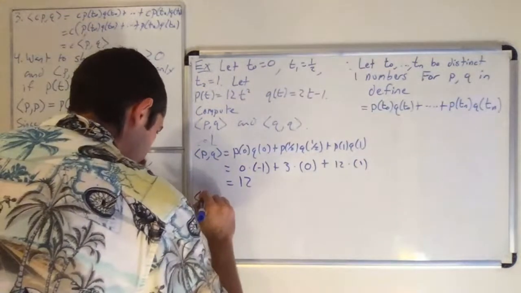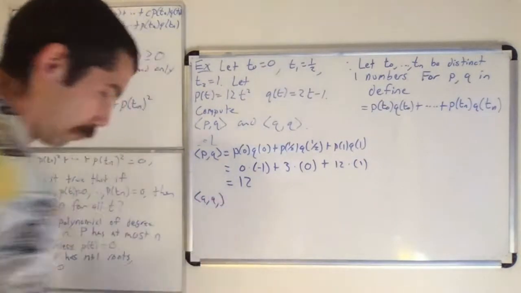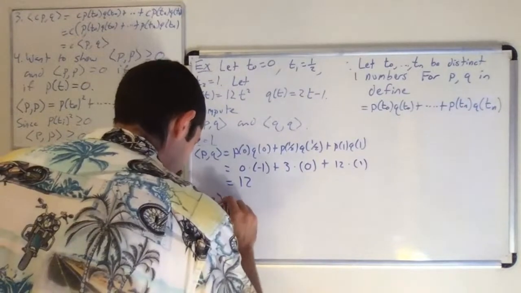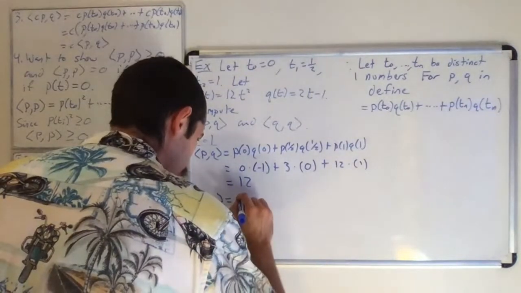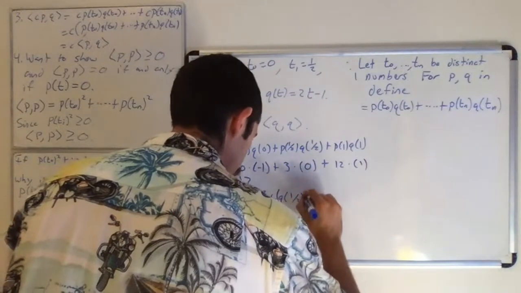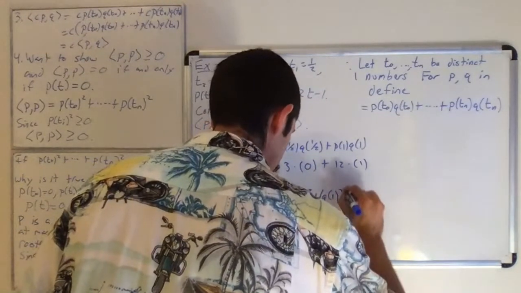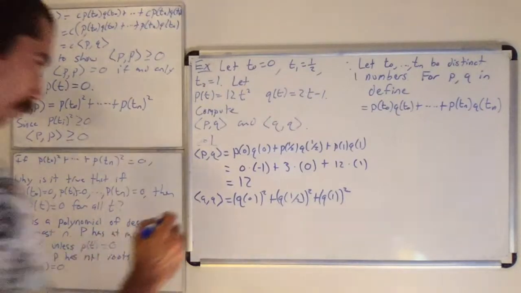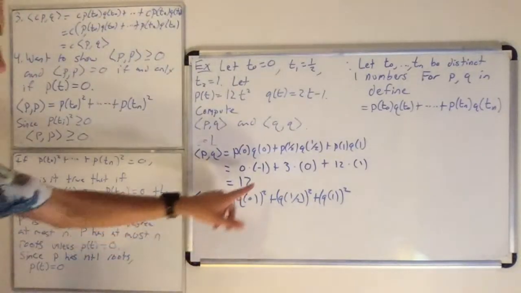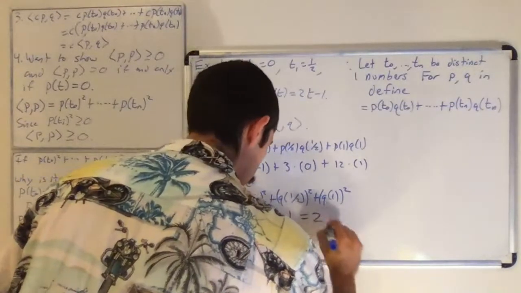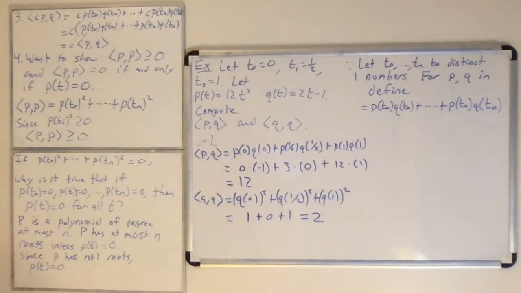Similarly, Q dotted with itself, the inner product of Q and Q, is Q of 0 squared plus Q of 1/2 squared plus Q of 1 squared, which is 1 plus 0 plus 1, which is 2.